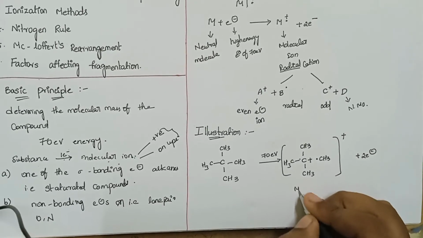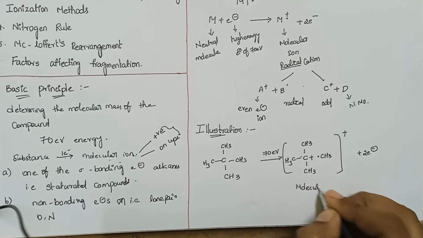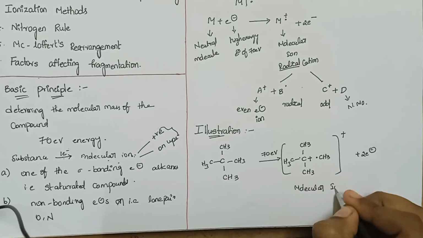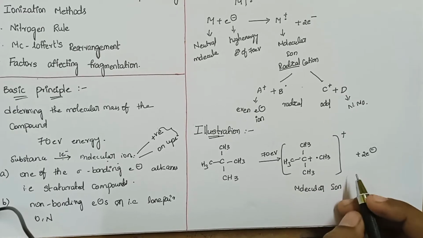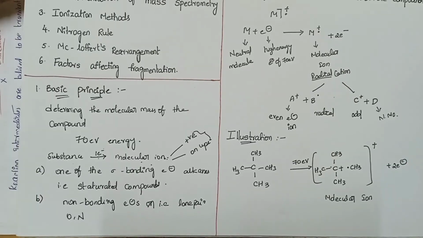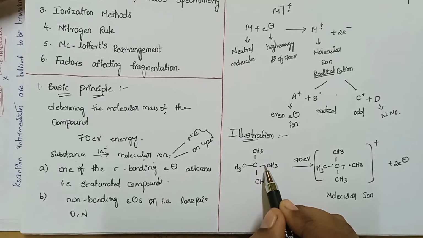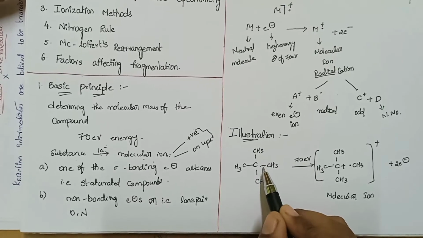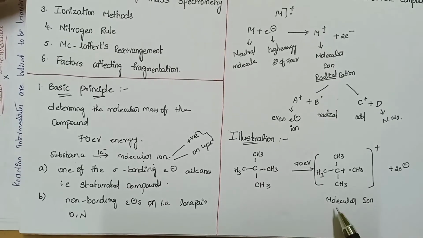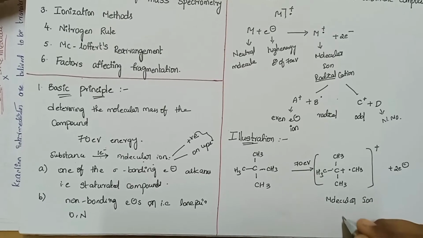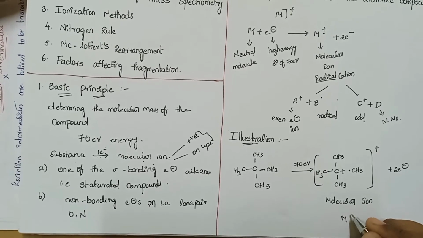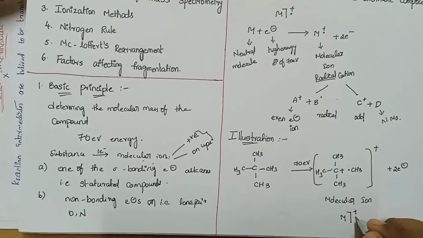It is the molecular ion. In this, a sigma bonding electron is removed from neopentane to form the molecular ion. It is also written as M plus radical.